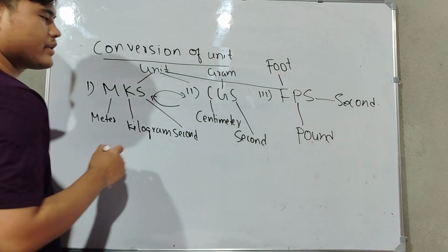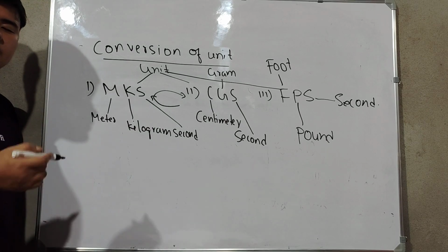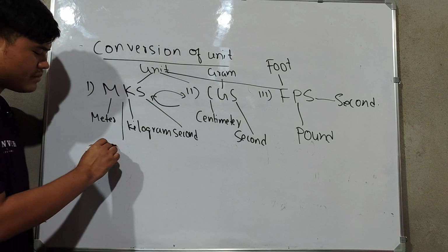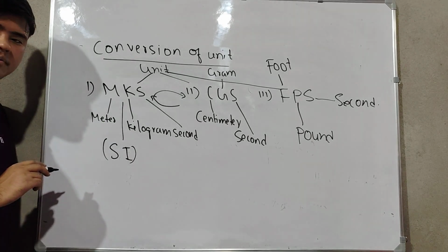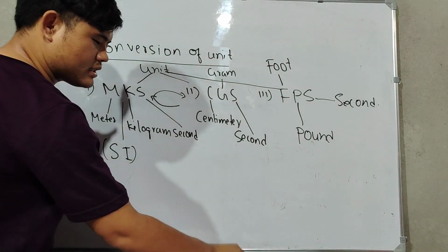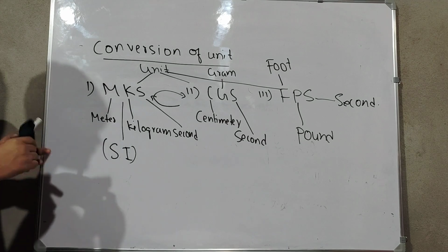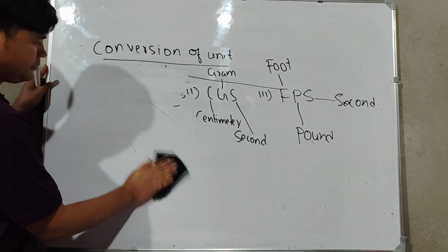Similarly with FPS also. Now remember that the SI unit system that we use is based on the MKS system. Now we will find a formula to convert these, how this conversion will take place. So let's see.